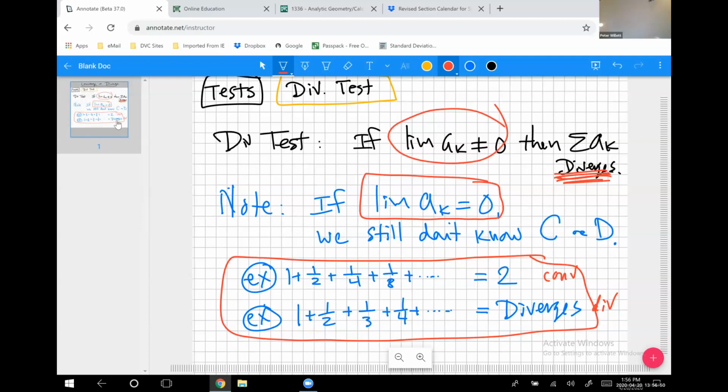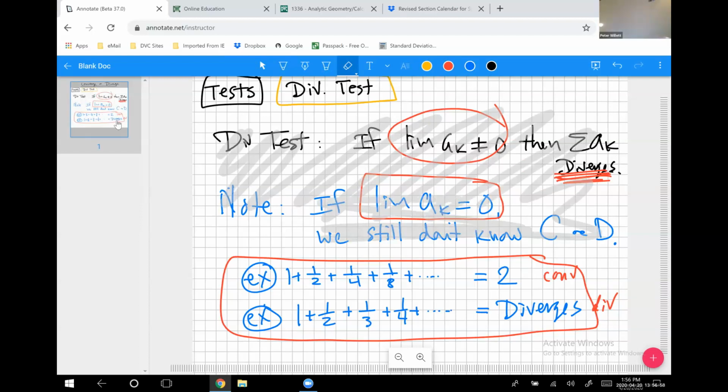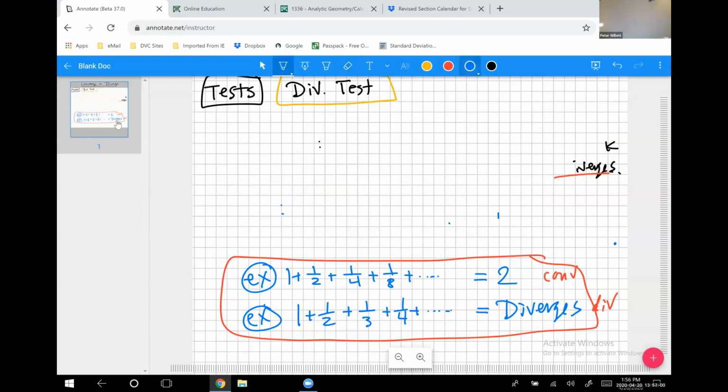Very, very key. Okay. So having reminded us of that test and of the harmonic series, this is the harmonic series, just to remind ourselves. This gets a name, it's so important.